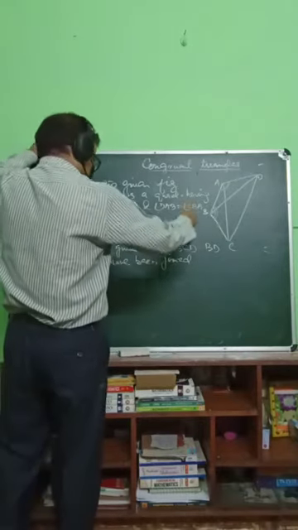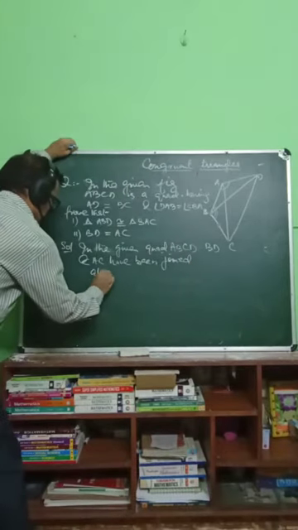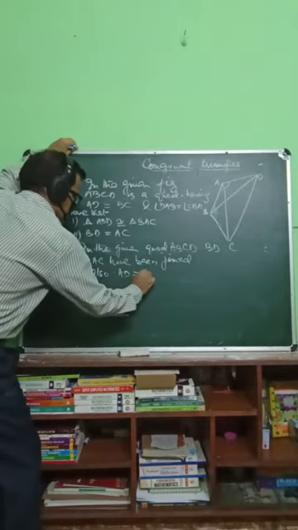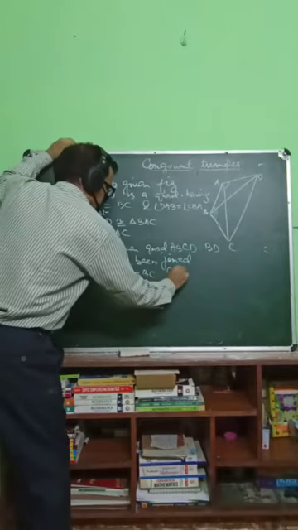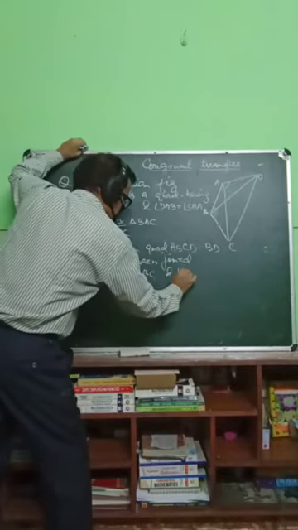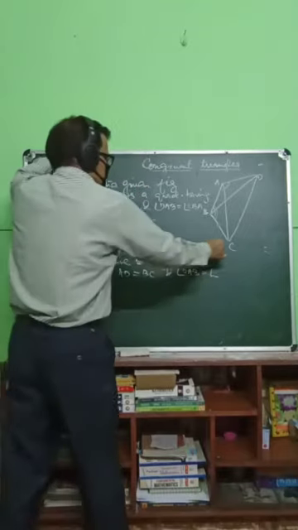What is given is AD is equal to BC and angle DAB is equal to angle CBA.